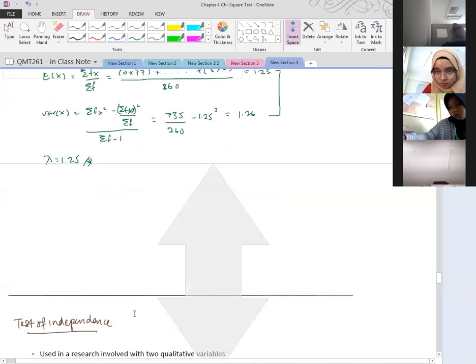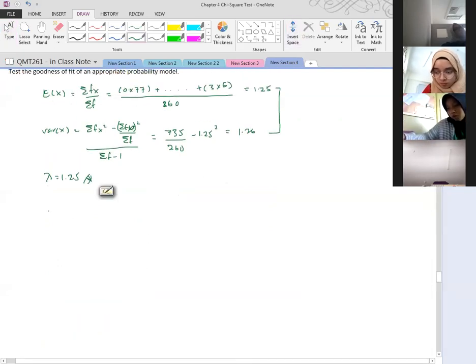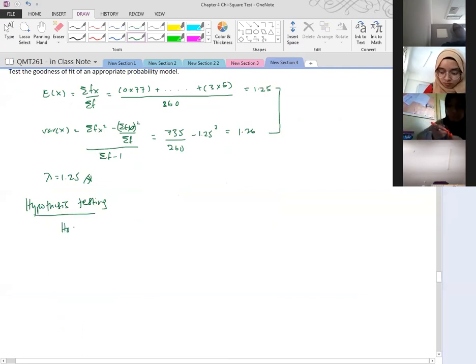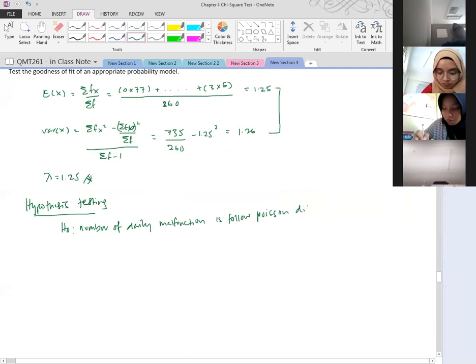Right. So next, we can proceed with our hypothesis testing. The null hypothesis is the number of daily malfunctions follows a Poisson distribution.